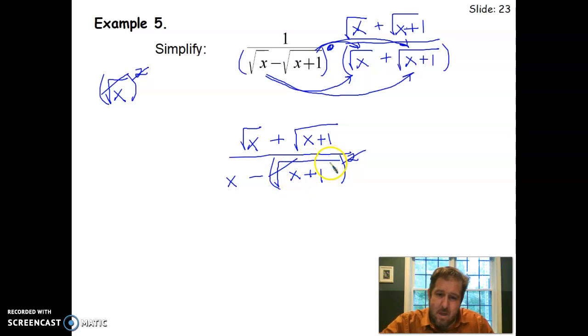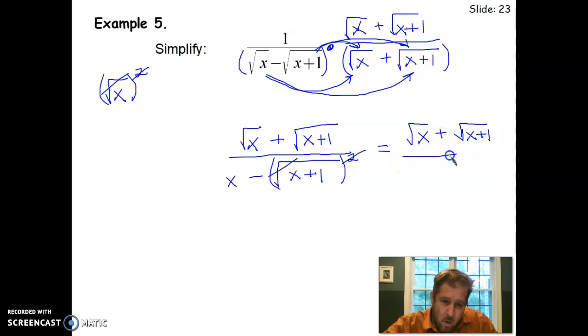That's it. Now, that negative sign means you have to distribute that. So we now have square root of x plus square root of x plus 1 over x. Okay, so minus, so distribute, that becomes minus x. And negative 1 times 1 is negative 1. Well, we can still simplify because look at the denominator. X minus x cancels, they cancel each other out.